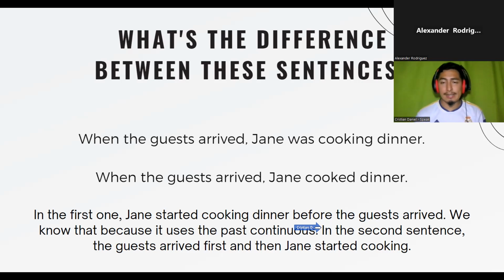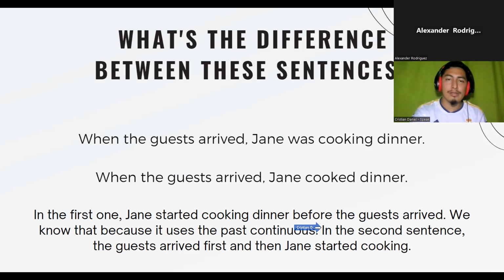And after that, the second example is a sequence of events. That's why in this case, we have to use simple past in both parts of the sentence. Is that okay, Alexander? Is that clear? Yeah, it's clear. Well done.